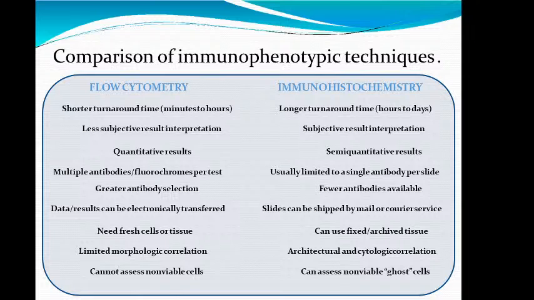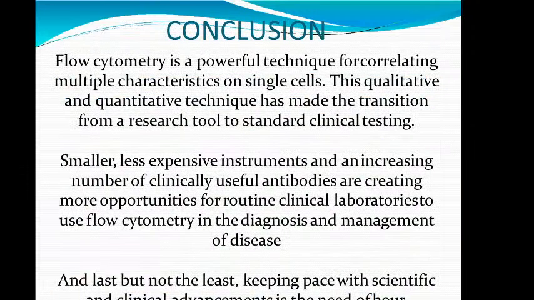So this is flow cytometry, and this is a comparison with another histochemistry technique. But the main thing is that flow cytometry is a powerful technique for correlating multiple characteristics of a single cell. When you want to work on a single cell, for that particular purpose we use flow cytometry. This qualitative and quantitative technique has made a transition from a research tool to standard clinical testing.